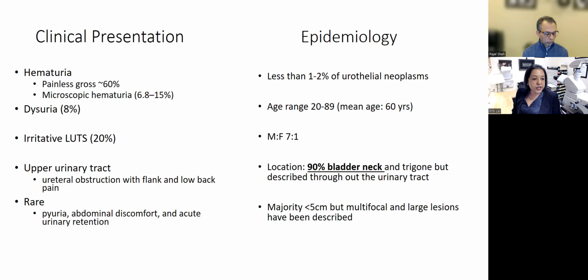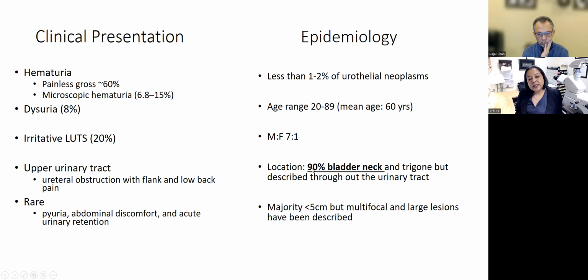A small percentage will present with dysuria, and rarely, if the papilloma gets infected, the patients may present with pyuria, abdominal discomfort, and acute urinary retention. These are really rare entities, and they constitute just about 1 to 2% of urothelial neoplasia, and they can be seen in any age group, as young as 20 years old to older individuals. There is a distinct predilection for men, with a male to female ratio of 7:1.